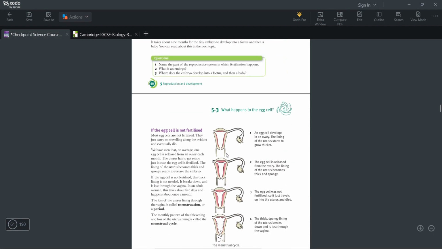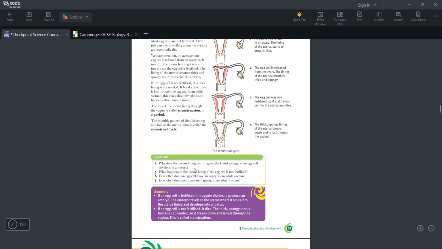Okay. Then here, why does the uterus lining start growing thick and spongy as the egg cell develops in an ovary? This is in anticipation of the implantation of that little embryo into the uterine wall, which provides the attachments and environment required for the development of the embryo into a fetus, and then into a full-grown baby at the end of the day.